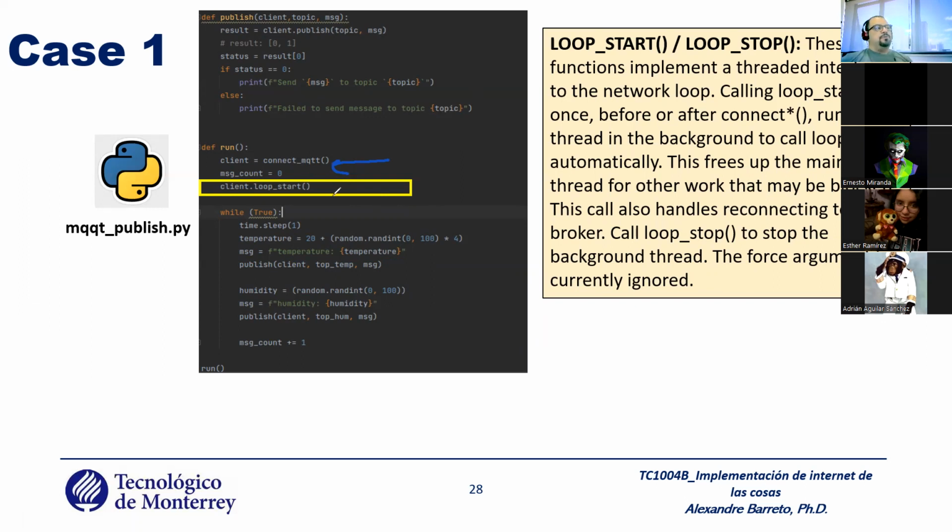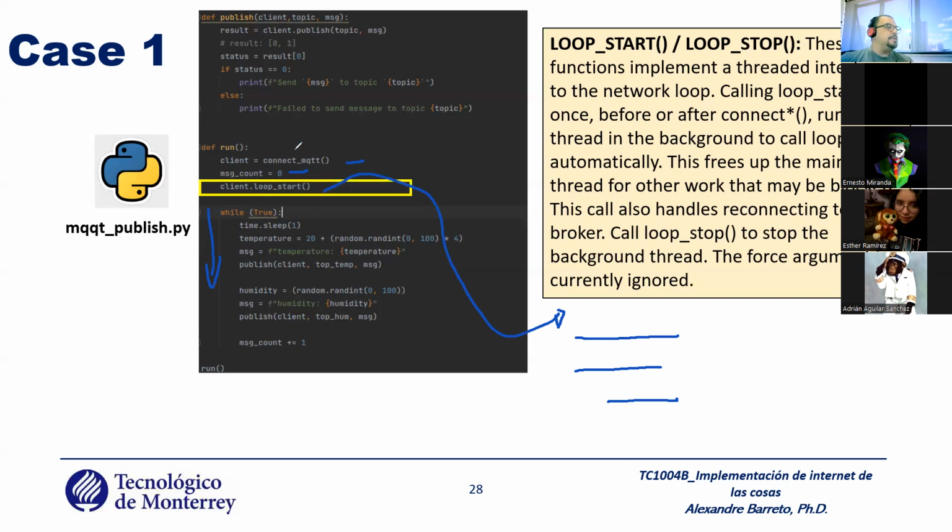What will loop start do? It continues running in the background, looking for messages that this publisher node receives. When you run this line, you open a new thread, and you continue to run here. This thread runs in the background to wait for any message that you receive from, for example, the broker.